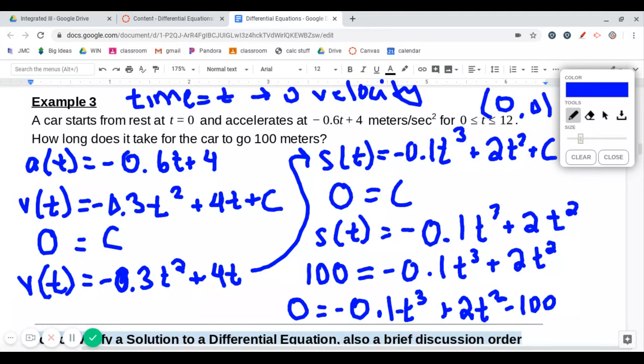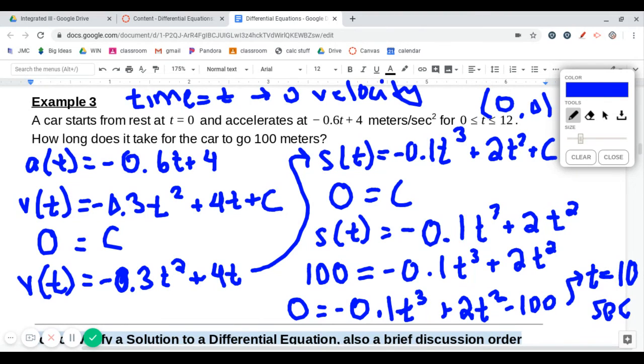So if you want to find that formula and use it, feel free. Another way, you could graph it and find where it crosses the x-axis. This is negative 0.1t cubed. So if you graph it and find where it crosses the x-axis, you'll find that it crosses at t equals 10 seconds.